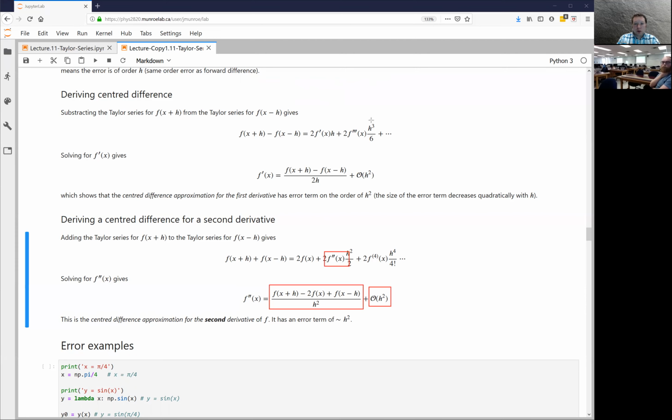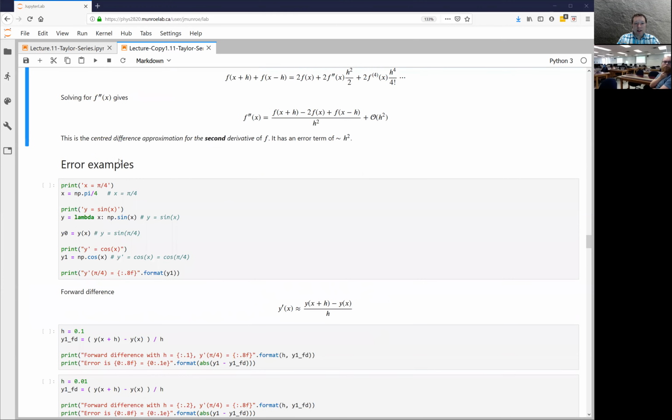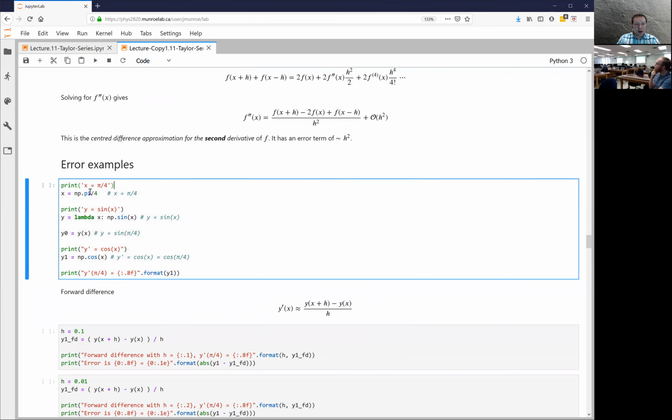Okay, so the Taylor series is the mathematical tool for coming up with these expressions and coming up with what their errors are. You don't have to do this. It's a theoretical tool. We can also discover these approximations or these errors by doing some simulations. So let's do specifics. Let's deal with a function like sine of x and evaluate that at pi over 4.